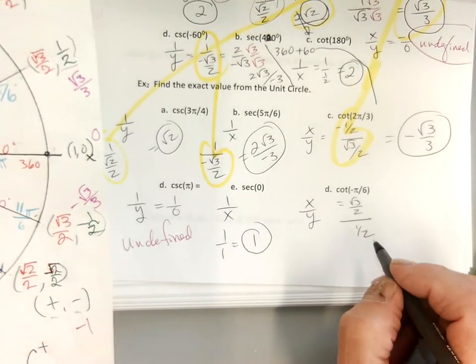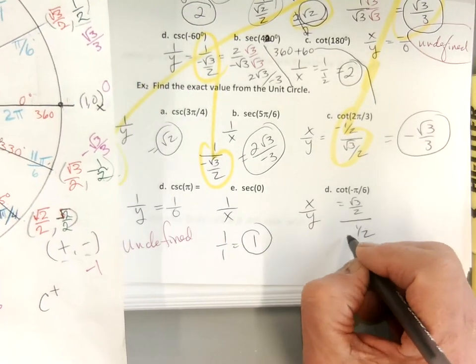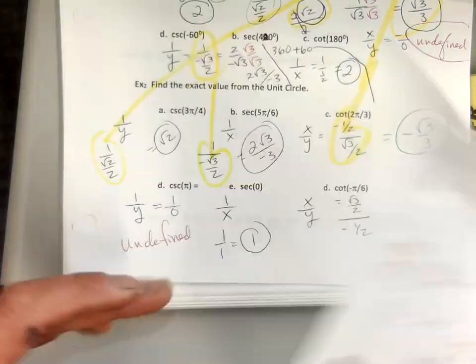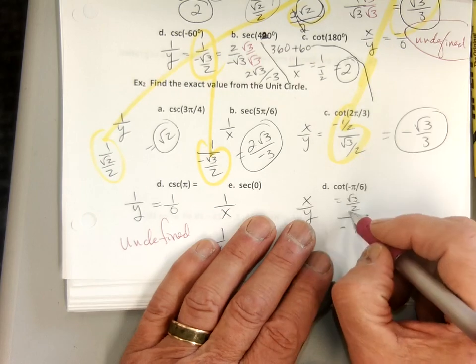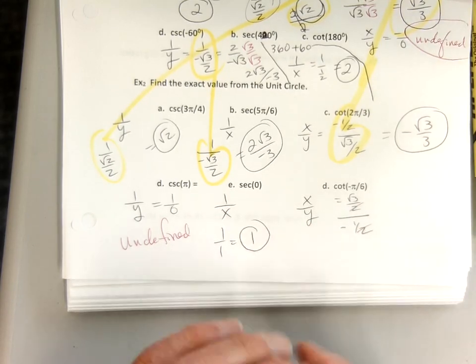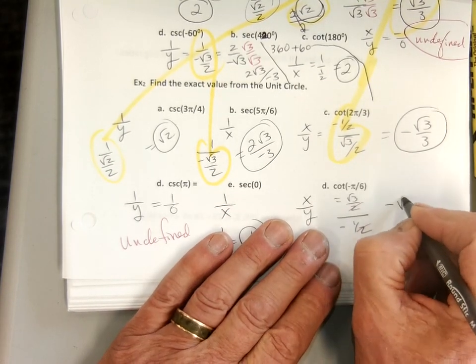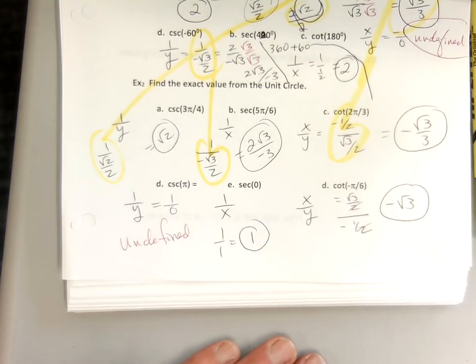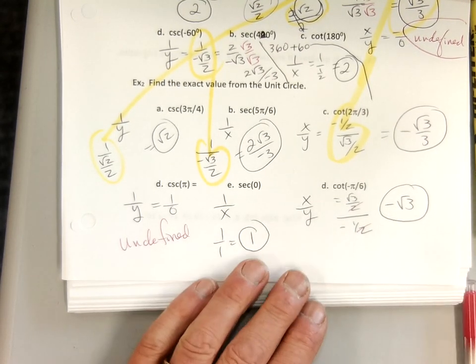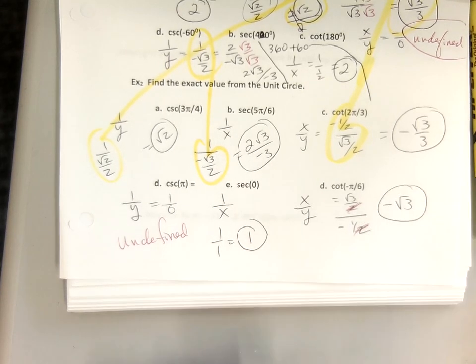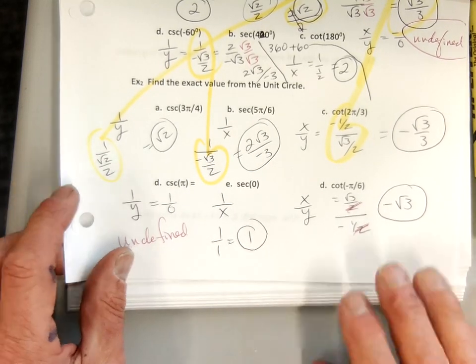Oh, there's a negative in there somewhere. Yeah, it's the y value, negative 1/2. The 2's cancel, right? You guys remember how the 2's cancel? So I'm really left with this negative square root of 3. Okay, turn the page.